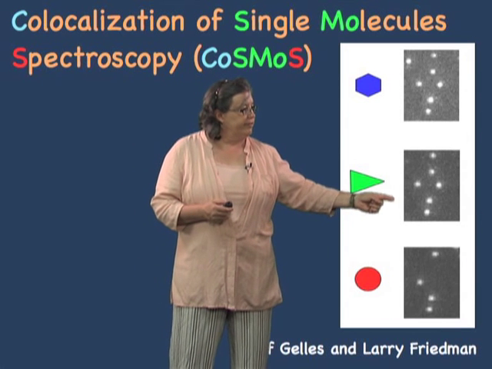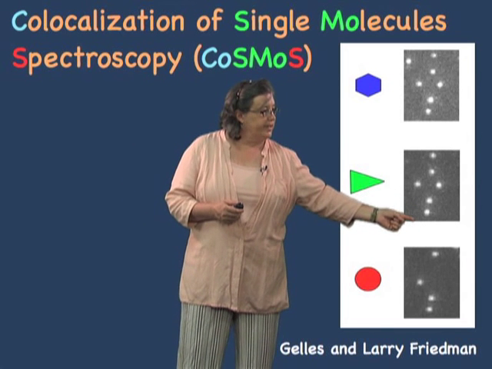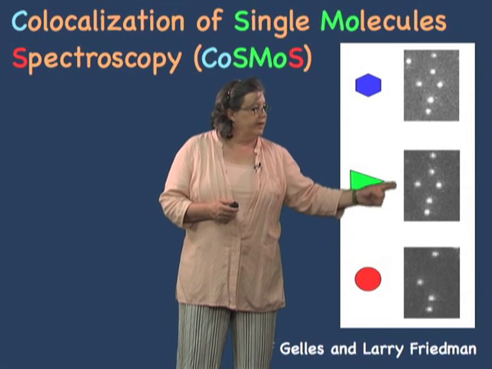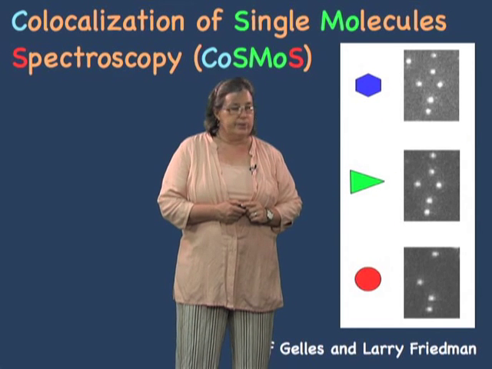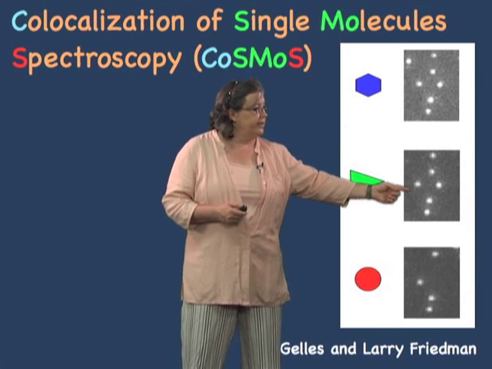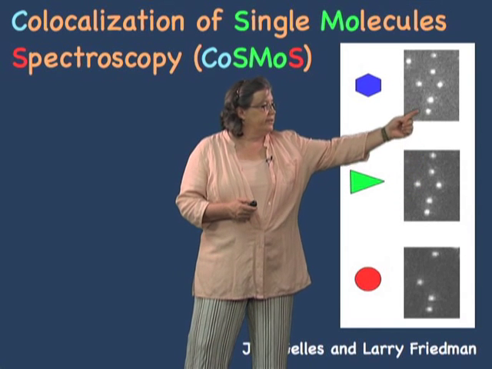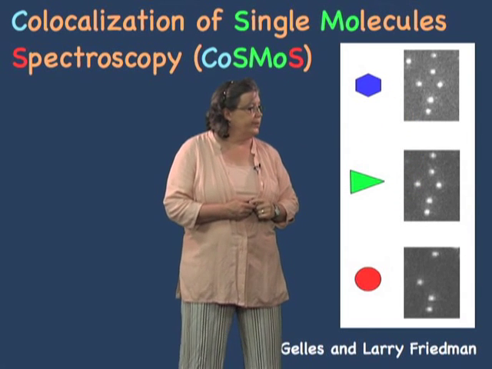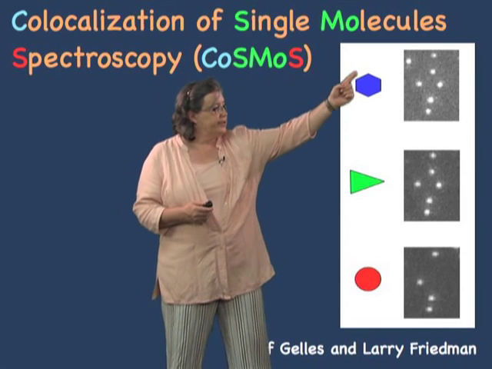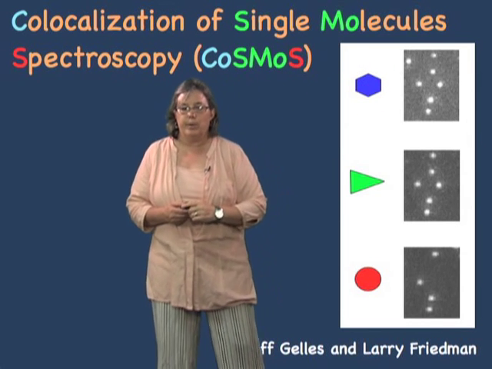You can see, for example, that this molecule of DNA had all 3 of the oligos bound to it. But this molecule of DNA only had this one, and it only had the green and the blue bound to it. And here's one that only had the blue molecule bound to it.